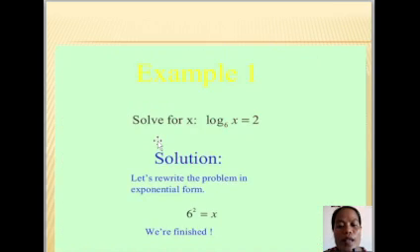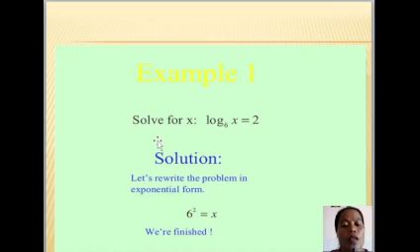Okay, we have example 1. We will solve for x. The x here is the missing number. So we have logarithm of x to base 6 is equal to 2. The solution here is we will write the problem in exponential form. The base is 6 and the logarithm is 2.